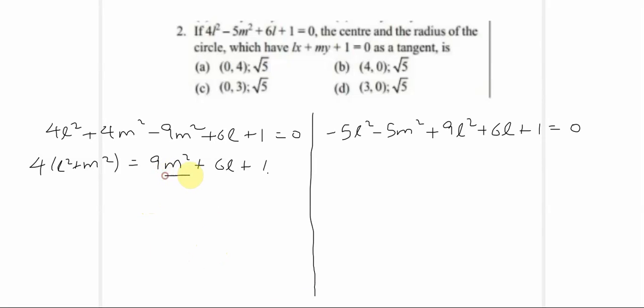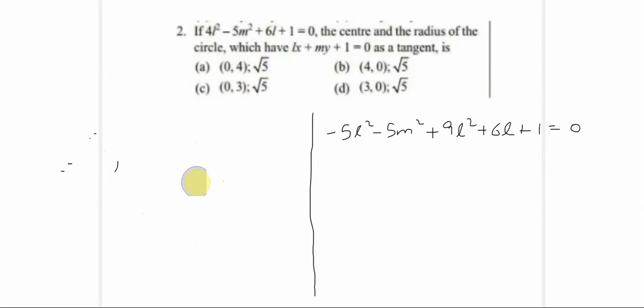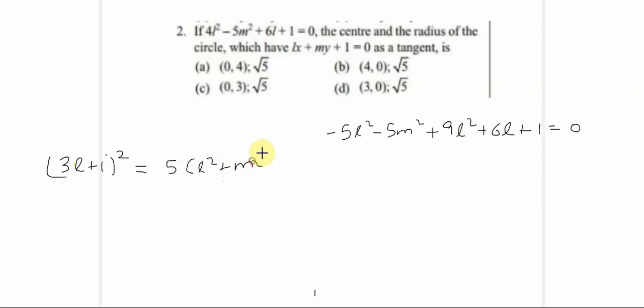So now we have an m square term and an l term, so this method doesn't help us achieve anything. So that's why we'll be doing what we have on the right hand side. There we have 9l square plus 6l plus 1, which is actually 3l plus 1 whole square. So we get 3l plus 1 whole square is equal to 5 times l square plus m square.